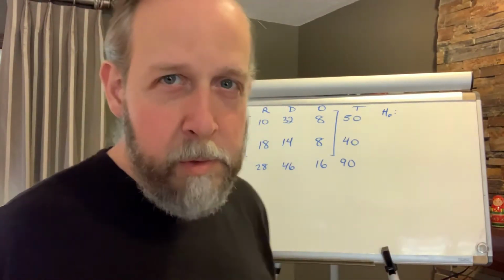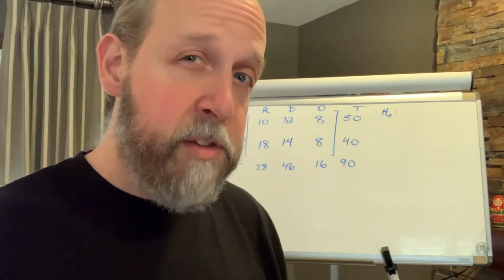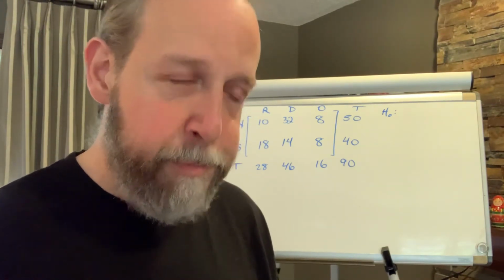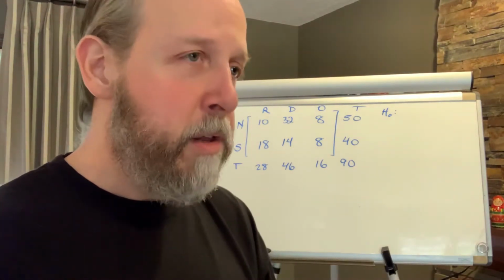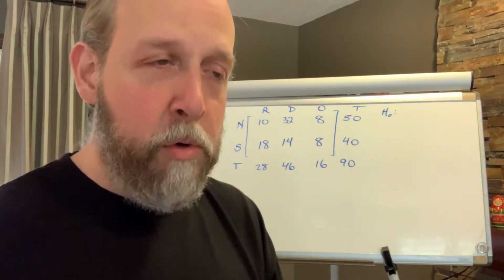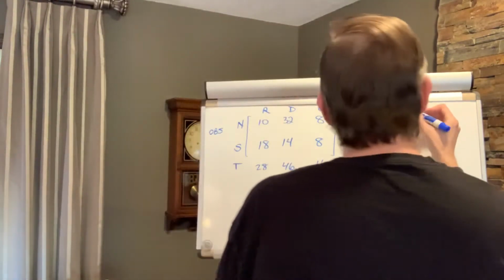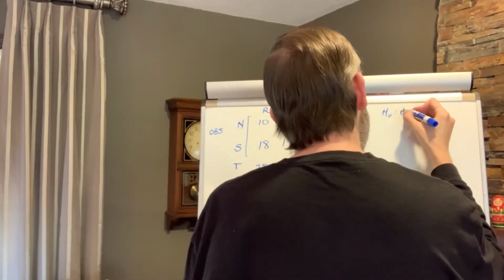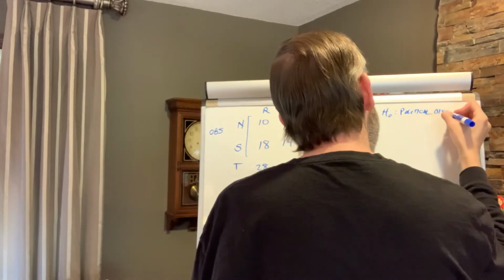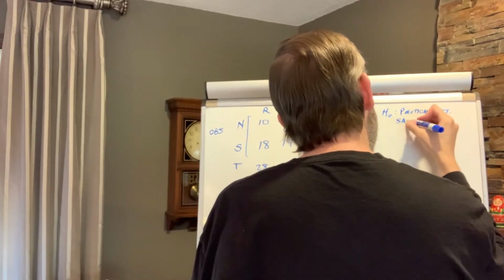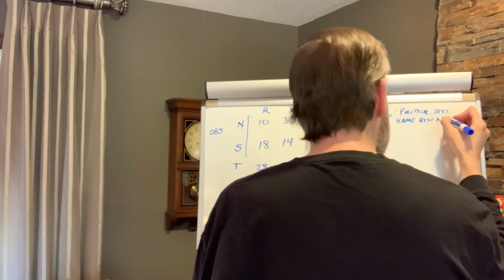What's our null? Well, again, we're doing a test of homogeneity. We know this because there are 2 distinct samples from 2 distinct populations. So my null is going to be that the distributions of political preference are roughly the same between North and South. So we could say political distributions are the same between North and South.